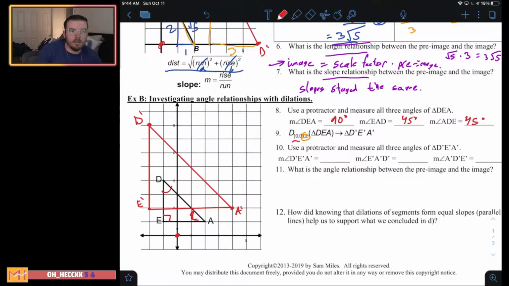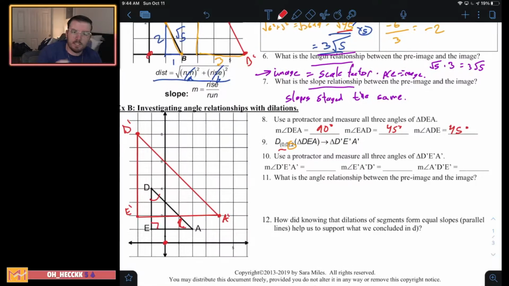Well, if the slopes are staying the same, that means that the intersections are identical, right? If the slope of this line is the same as the slope of this line, and this side has the same slope as this side, we're essentially creating the exact same intersection. I hope I'm not blowing anyone's mind with that, right?